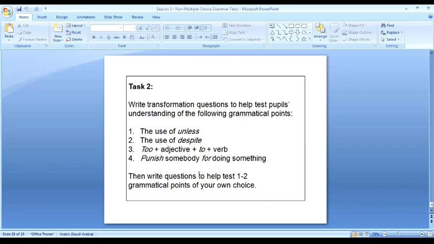And then the use of punish somebody for doing something. Then write questions to help test 1 and 2, meaning the use of unless and the use of despite, and grammatical points of your own choice.